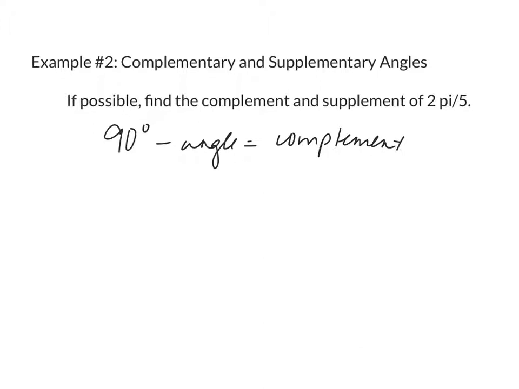However, since we're in radians, I need to change 90 degrees to pi over 2, because that is what 90 degrees is as a radian. So pi over 2 minus 2 pi over 5 will give us the complementary angle.